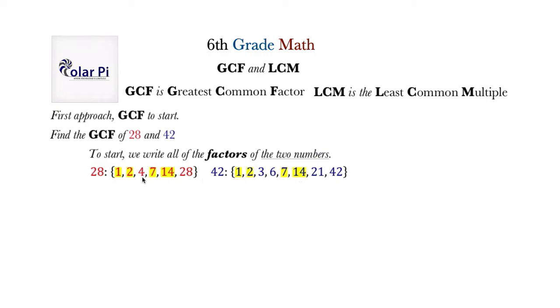In other words, both the factors of 28 and the factors of 42 contain these numbers in yellow, right? And we want, as the name says, the greatest common factor. So although 2 is a common factor, it's not the biggest of them. Therefore, it goes without saying that the greatest common factor of these two numbers is 14. Because of all the common factors, it's the biggest, greatest.